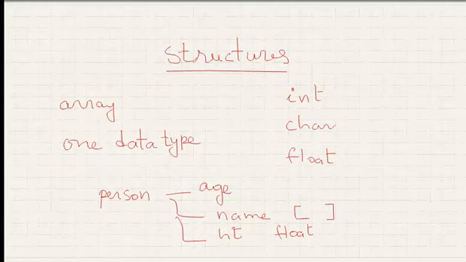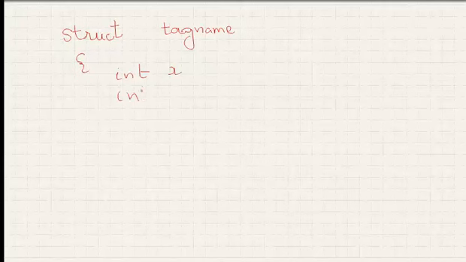The way you define is you use a keyword called struct, and we have a tag name. Tag names are always needed. It's better, even though you don't need it, but we always use tag names. And we can say integer x, integer y. Semicolon is very important.